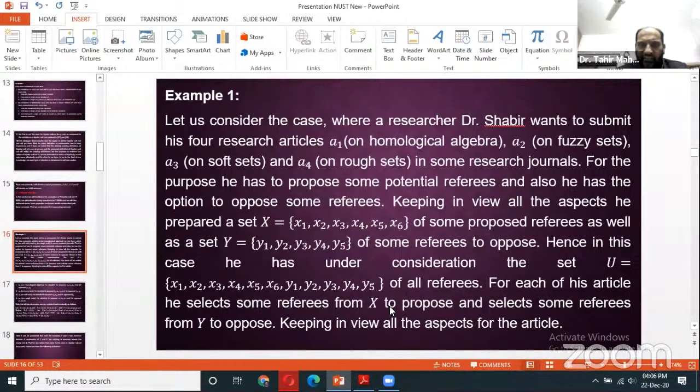Keeping in view all the aspects, he prepared a set X of some proposed referees as well as a set Y of some referees to oppose. Hence, in this case, he has under consideration the set U consisting of the elements of the set X and the elements of the set Y, of all referees. For each of these articles, he selects some referees from X to propose and selects some referees from Y to oppose, keeping in view all the aspects of the article.